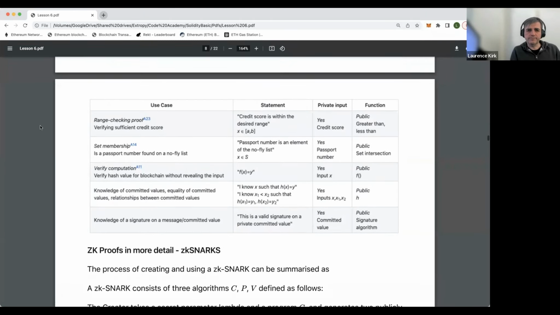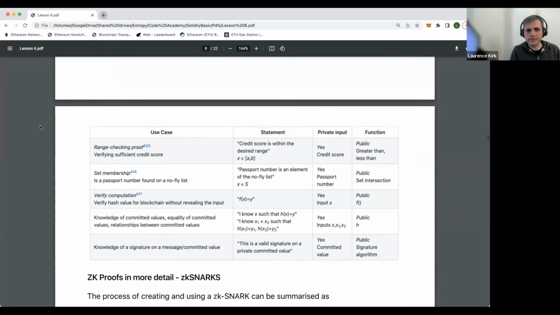Yeah, I've got some general use cases here. You hear about things called range proofs as well. So this is similar to if you had a credit score, you could check that a credit score was in a particular range without giving away details of your credit score.